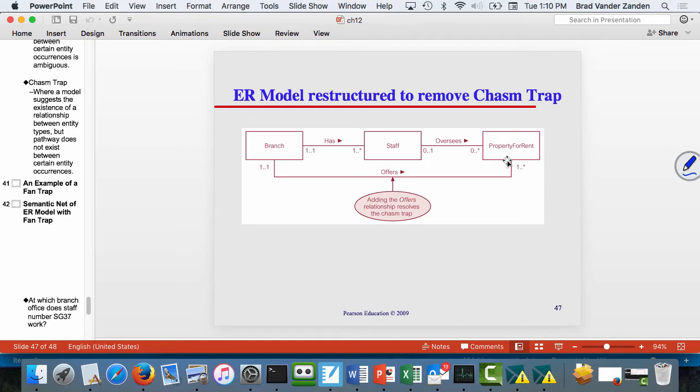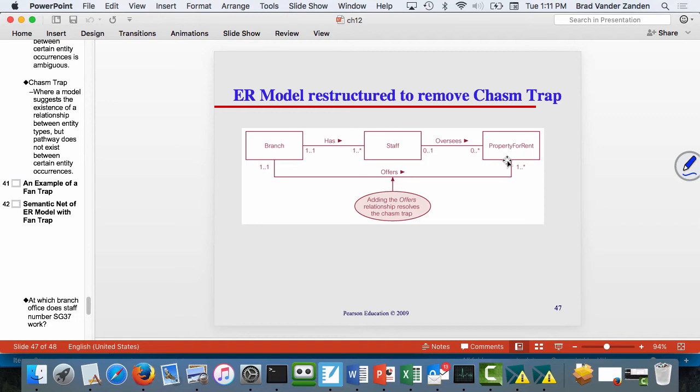So this trap becomes evident when you start trying to say, okay, what queries could we ask, and realizing that certain queries aren't answerable given the ER diagram that we've drawn. So then we can modify it. So this removes the chasm trap.